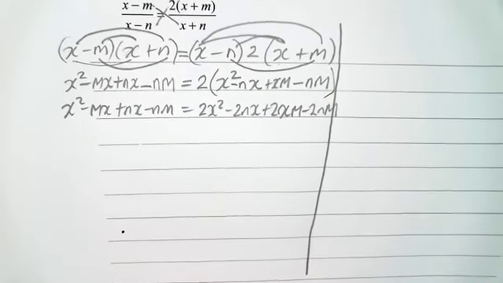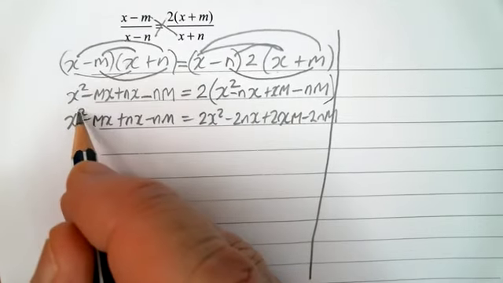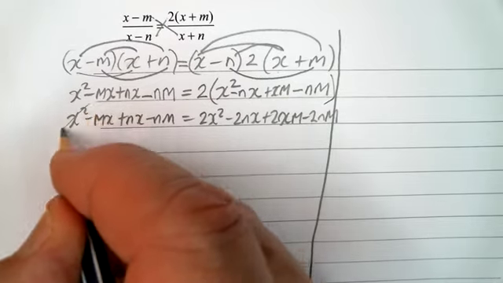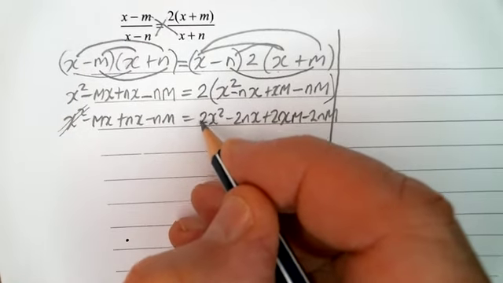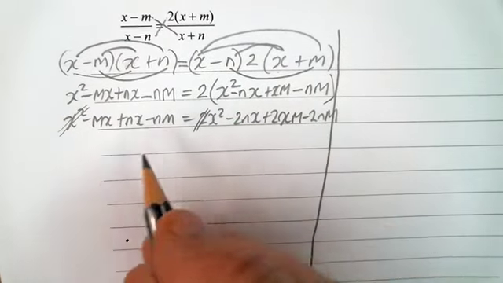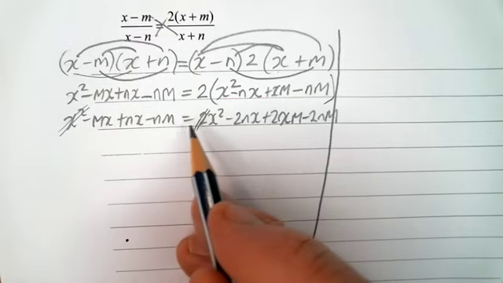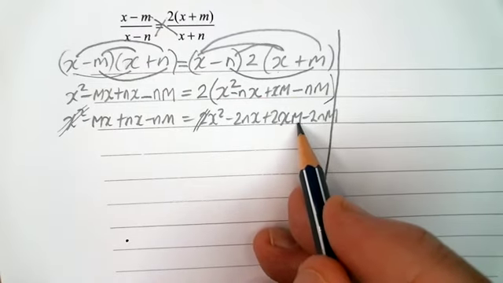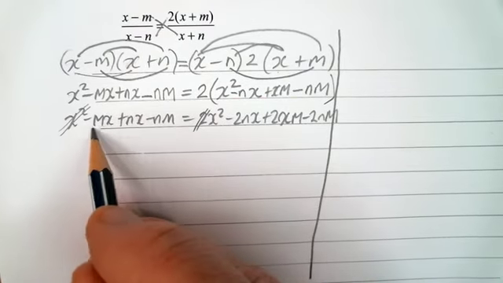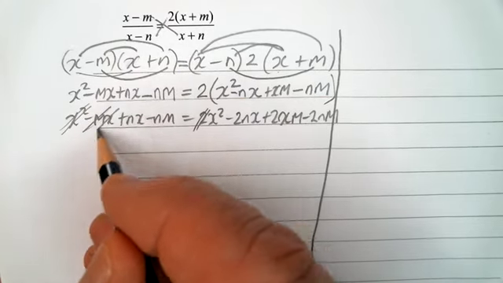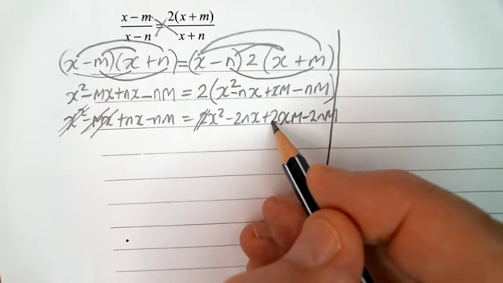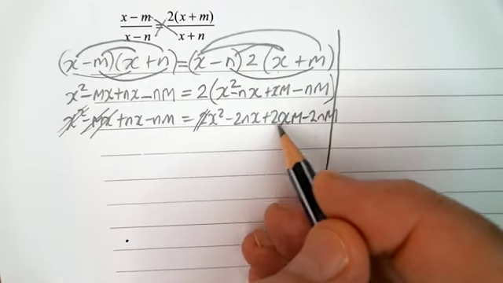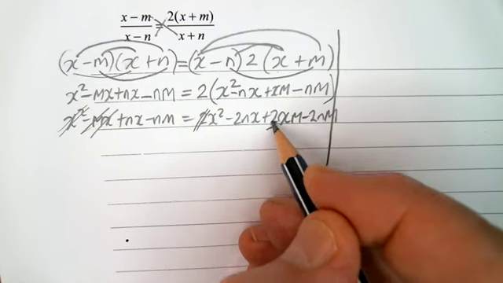Now I'm noticing over here we've actually got some of these things. We've got an x squared. So if I took x squared off both sides, we would end up with that. I've got an mx here, and I've got an mx here. If I added mx to both sides, I've got 3 now.